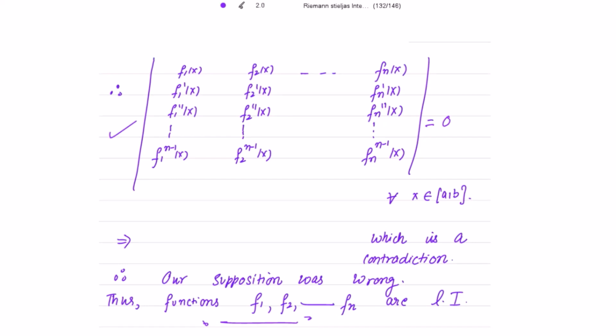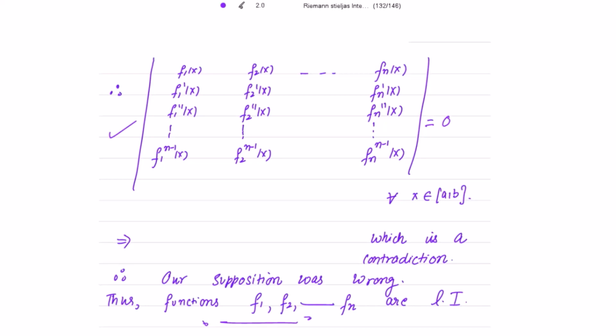Because I know that the determinant of the coefficient matrix of those systems of equations is 0, this implies the Wronskian is equal to 0.